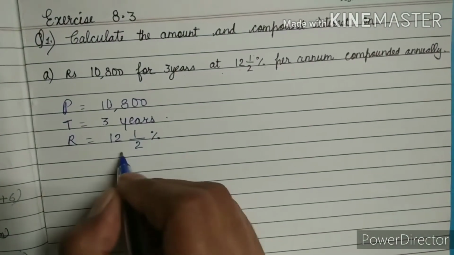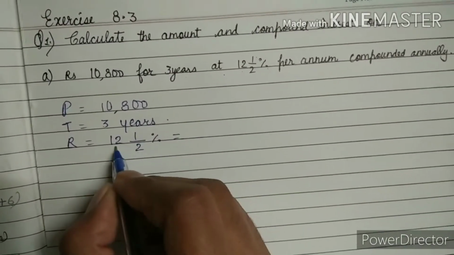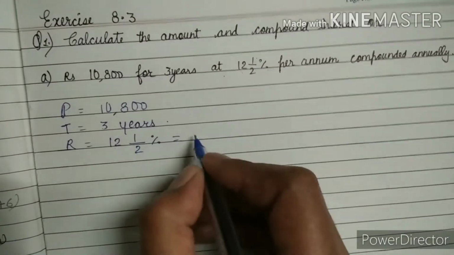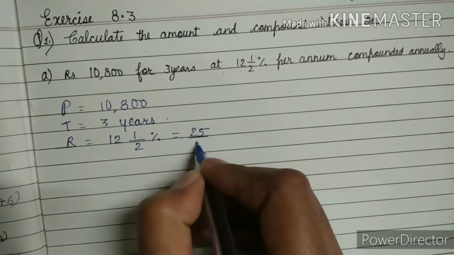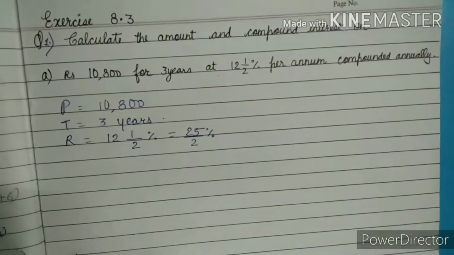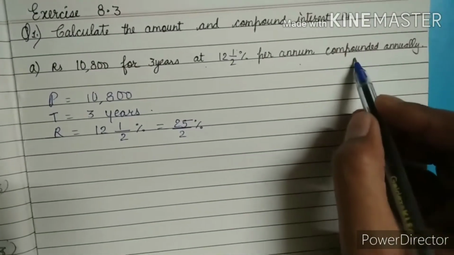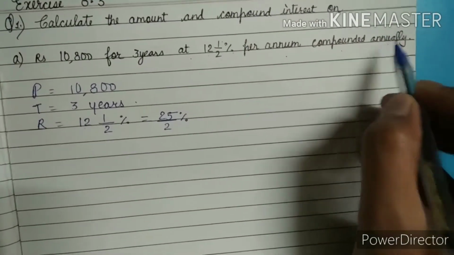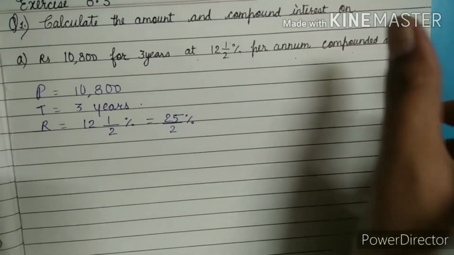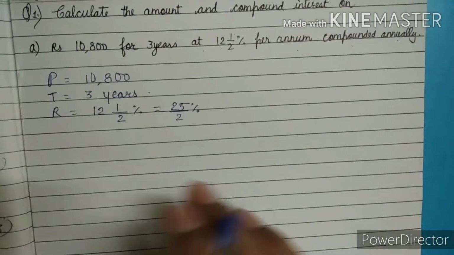When we solve it, 2 12s are 24 plus 1, 25 by 2% per annum, compounded annually. The word annually is there, so we apply the same formula, nothing will change.